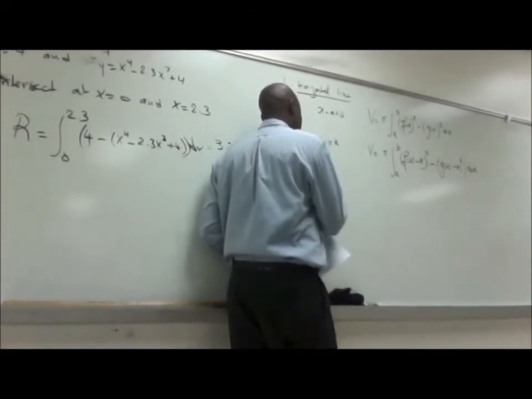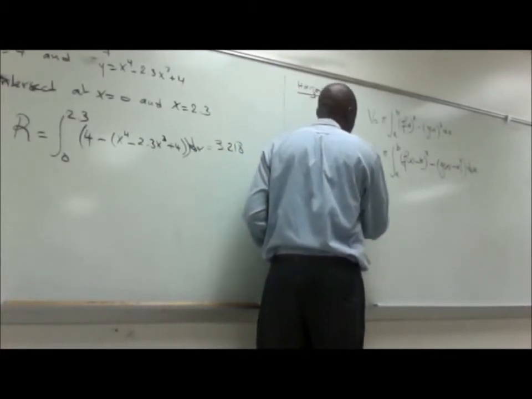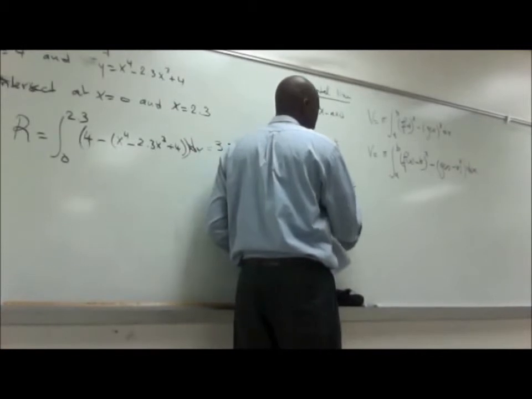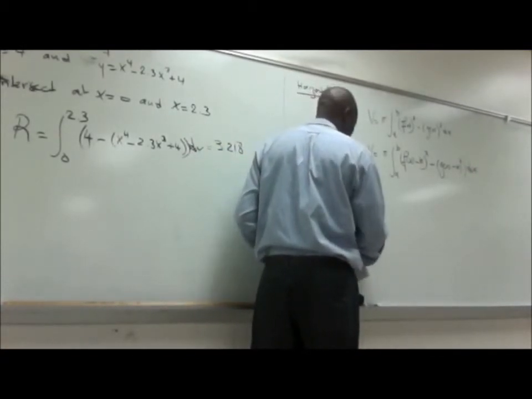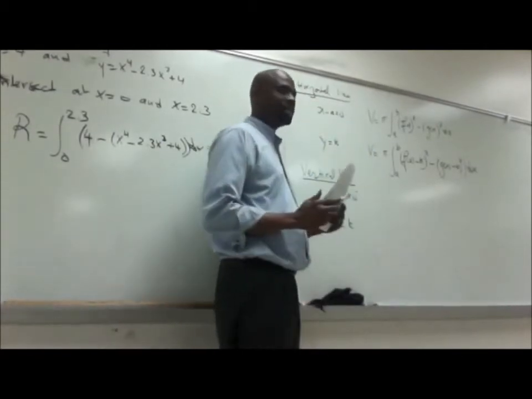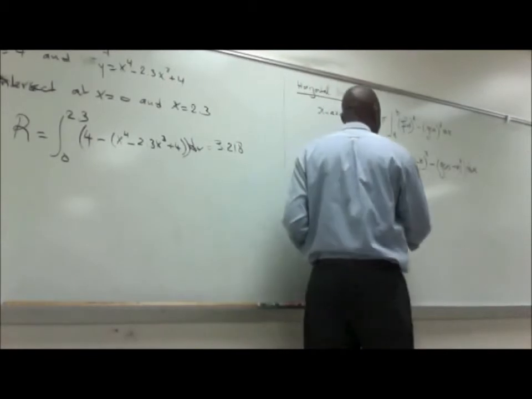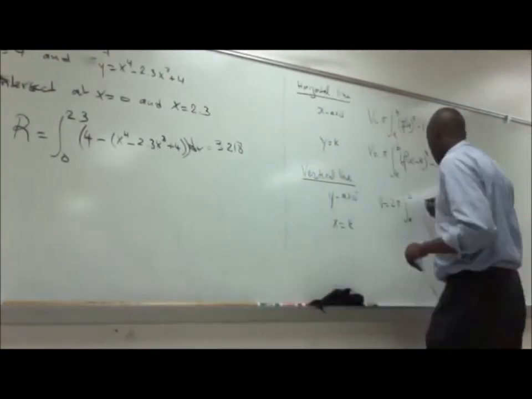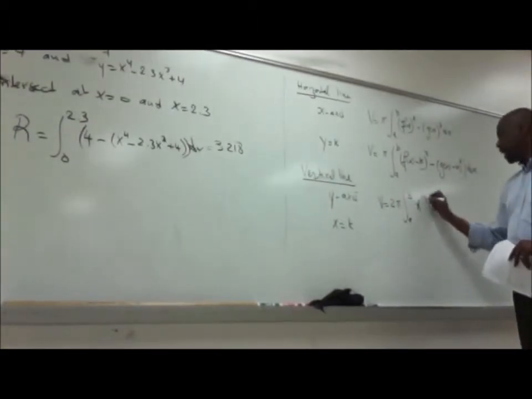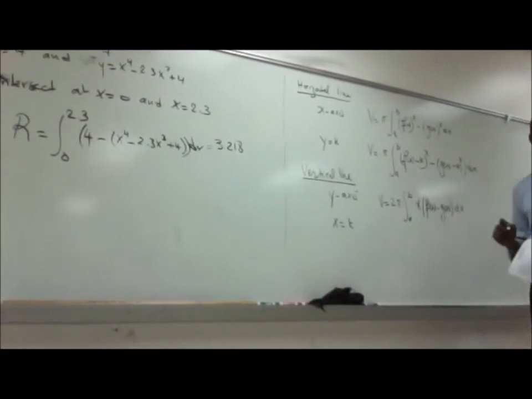Now, when it's a vertical line, it's going to be either the y-axis or x equals k. Pay attention here. So the volume V equals 2 pi times the integral from A to B of x times f of x minus g of x dx.